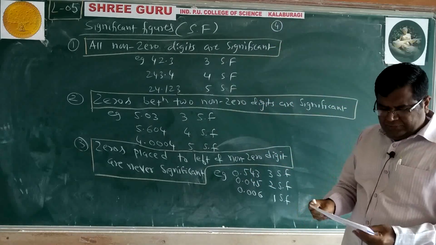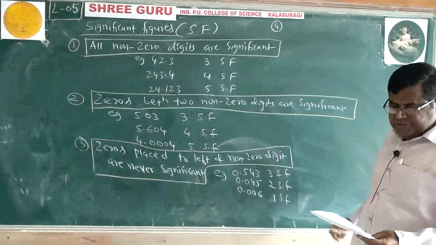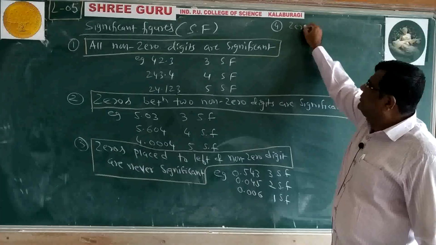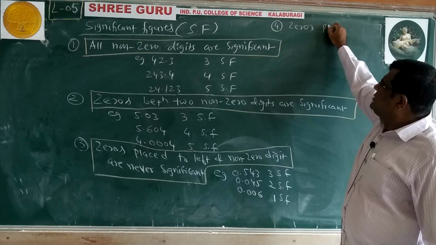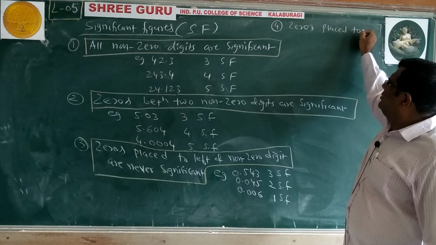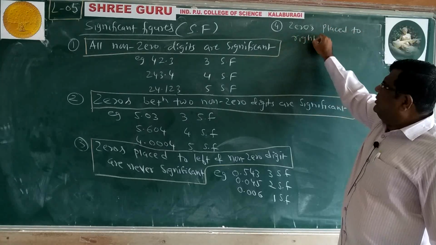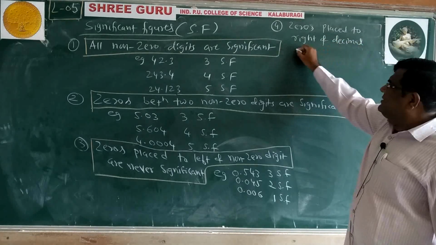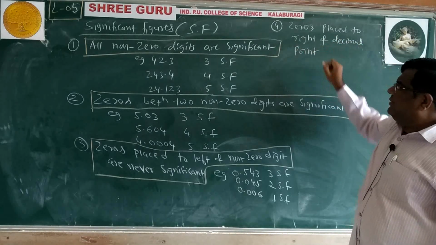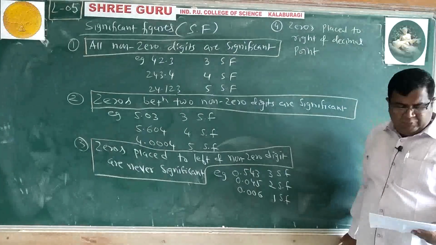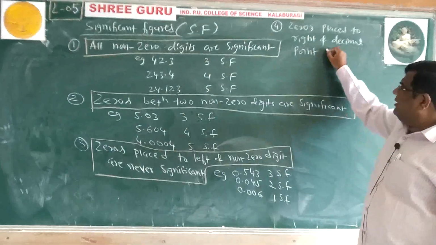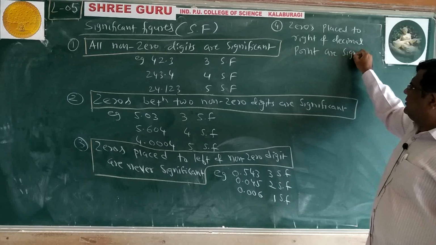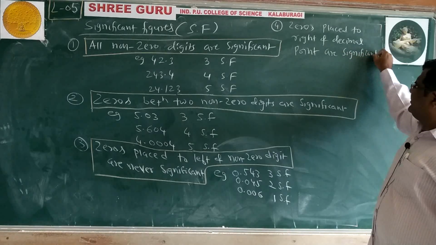The 4th one is that the zeros placed to the right of the decimal point are significant.